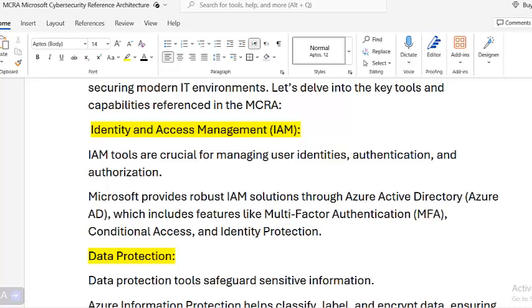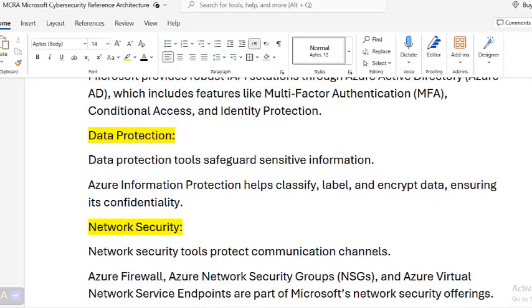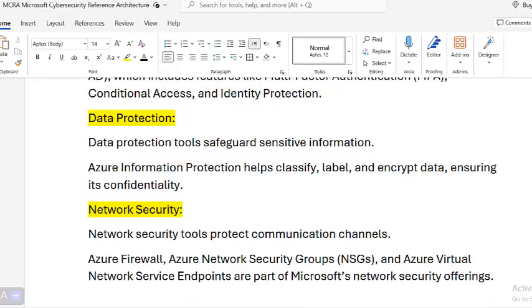Data protection. Data protection tools safeguard sensitive information. Azure Information Protection helps classify, label, and encrypt data, ensuring its confidentiality. Network security. Network security tools protect communication channels.